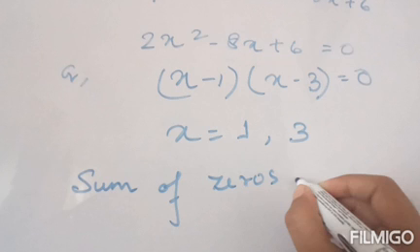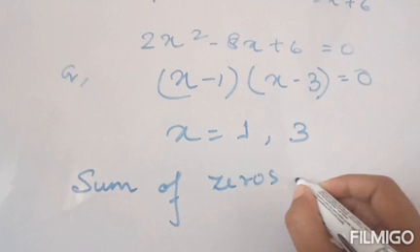Then I can say the sum of the zeros will be minus b by a, and the product of zeros will be c by a.